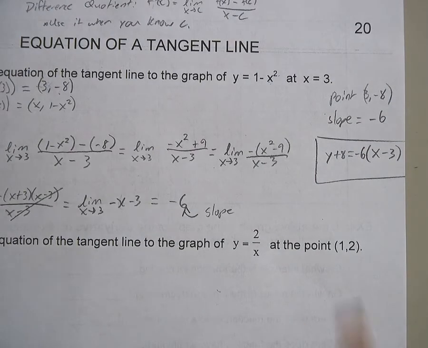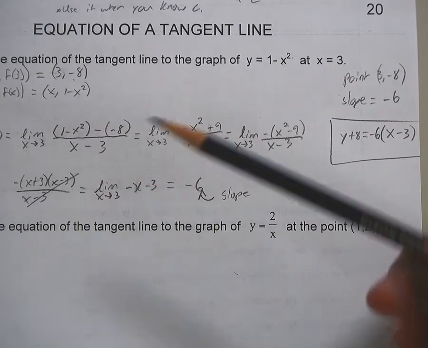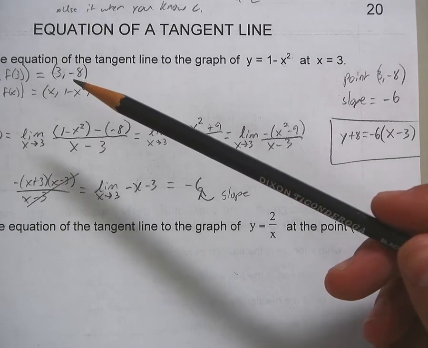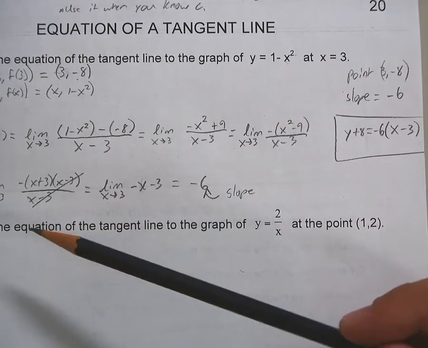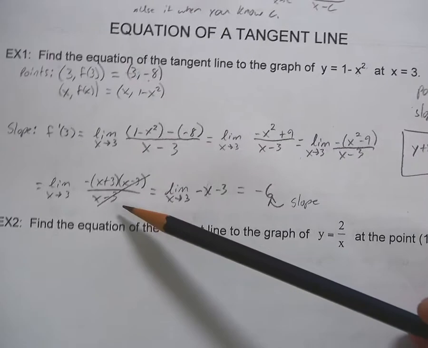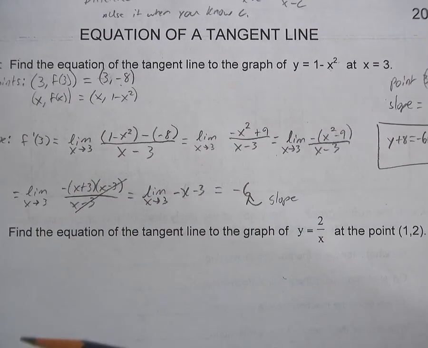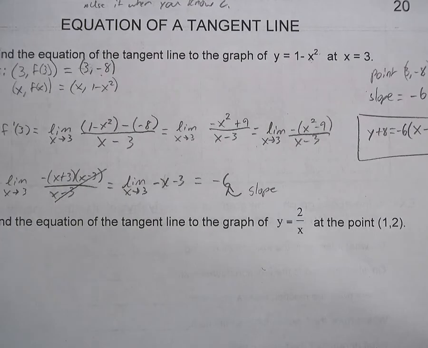Alright? Really not much to it. You find your point that you're given here, find the limit as you're going to your c value, that's your slope, plug it into point slope form. y minus y1 equals m times x minus x1.